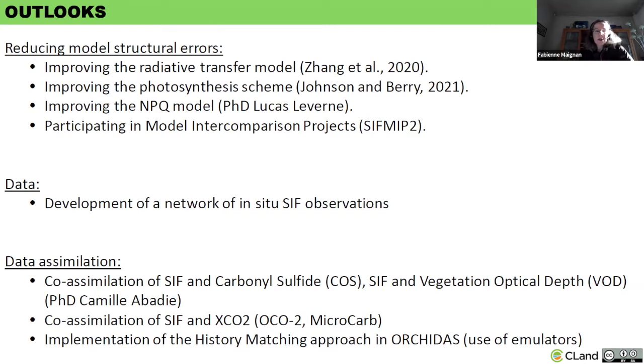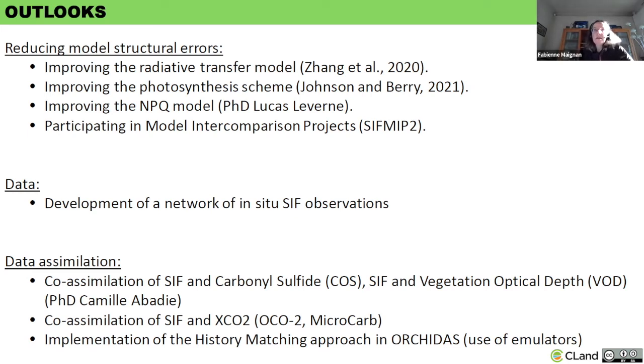And for data assimilation, we plan to co-assimilate SIF and carbonyl sulfide, SIF and vegetation optical depth. There will also be co-assimilation of SIF and atmospheric information, using both ORCHIDEE and our atmospheric model LMDZ.